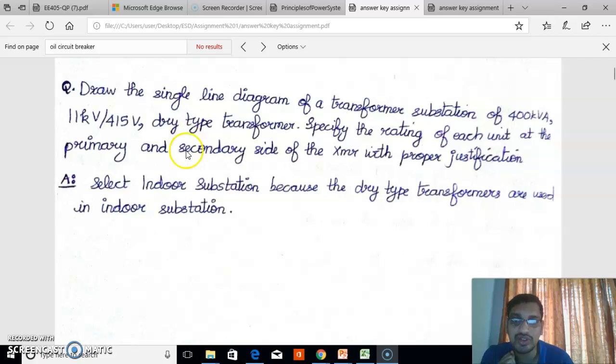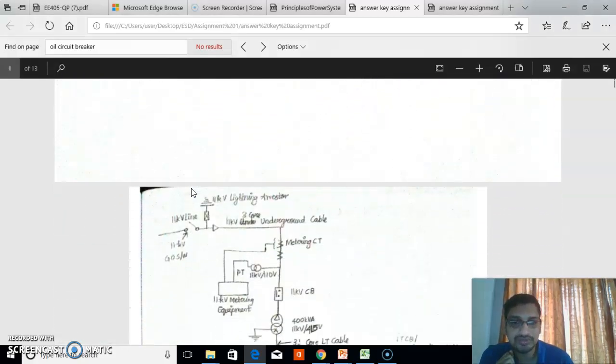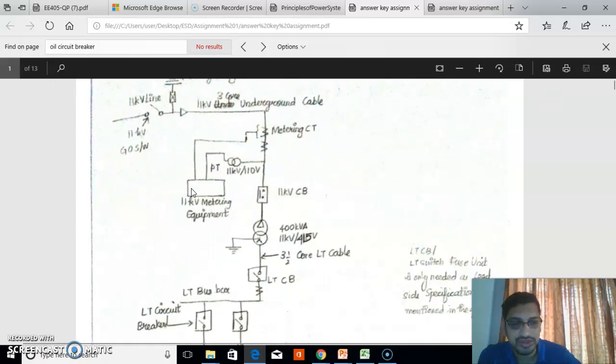So we can select an indoor type substation and draw its layout. So this is the layout of the indoor substation.